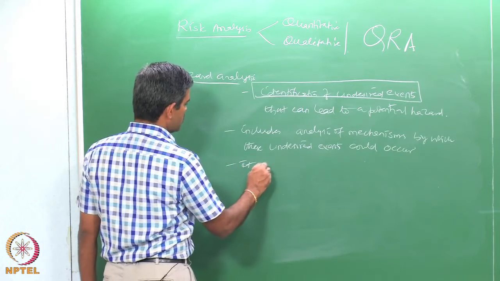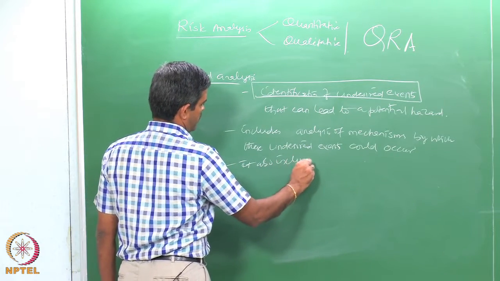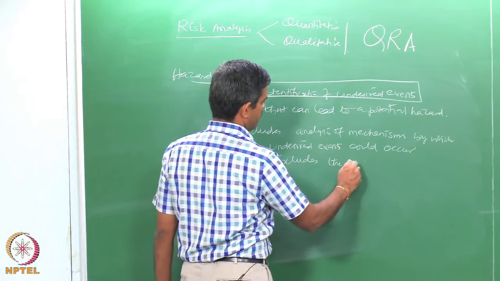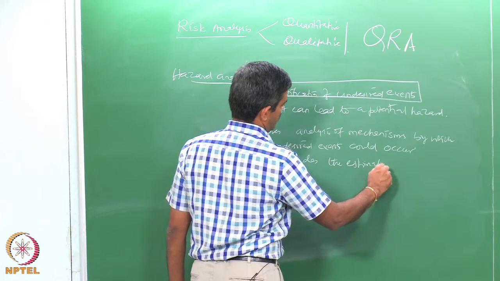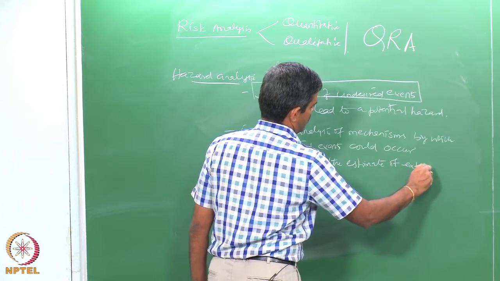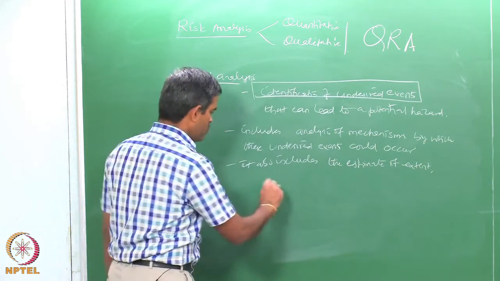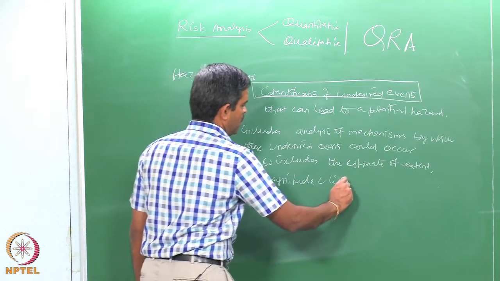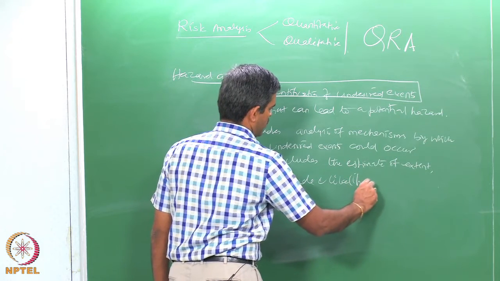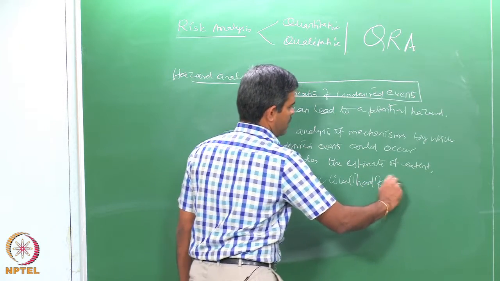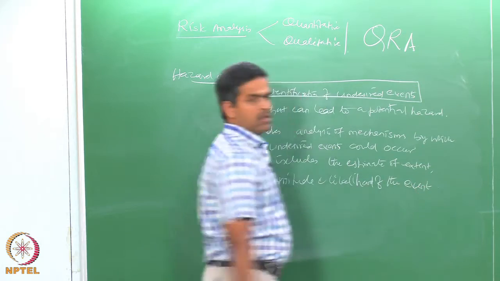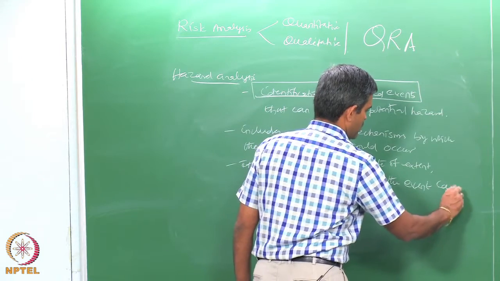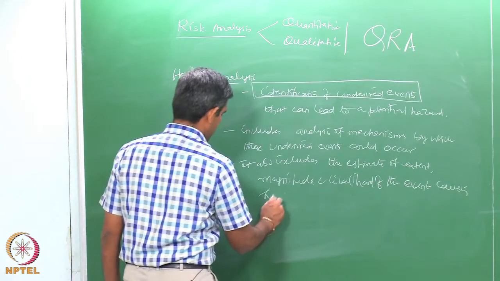It also includes the estimation of extent, magnitude and likelihood of the event. Now, there is a confusion here, causing harmful effects.